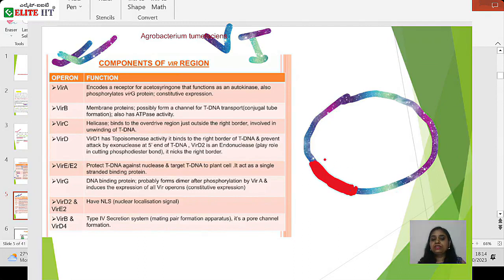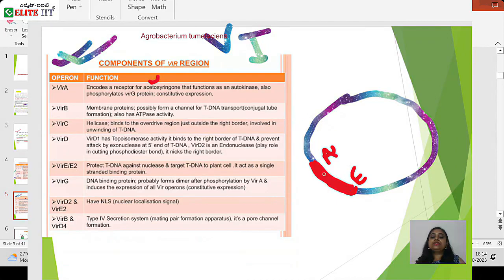Okay, so here in this position, virA to which gene? E gene. Different genes will do different work. See, virA is encoding a receptor for acetosyringone. This is actually a phenolic compound.